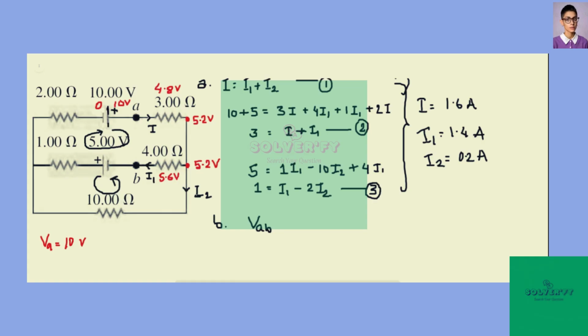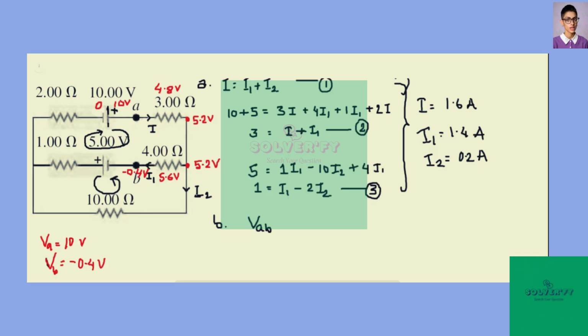So point B should have a potential of minus 0.4, so that the potential difference between this point and this point becomes 5.6. So what we found is the potential at B equals minus 0.4 volts. I forgot a V here.